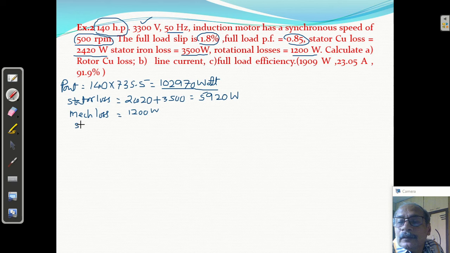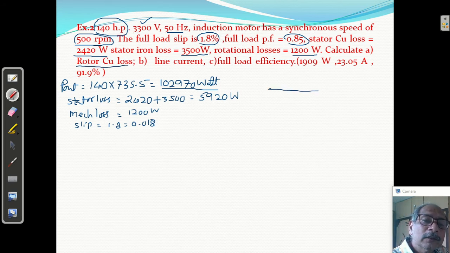Slip is given 1.8%, equal to 0.018. Calculate rotor copper loss. Okay, we will do it. Anyway, we will use the power stages first, the power cycle. This is P1, then stator losses.